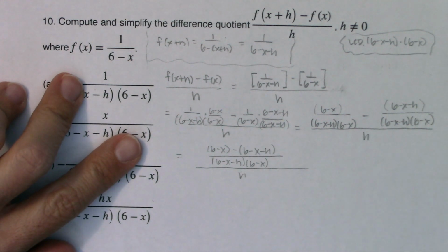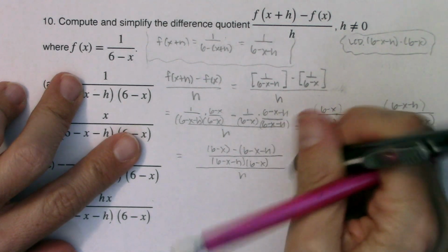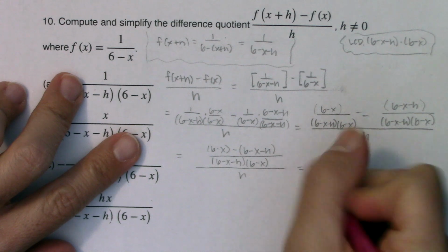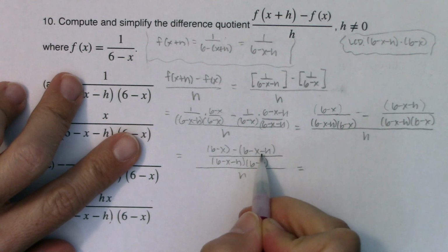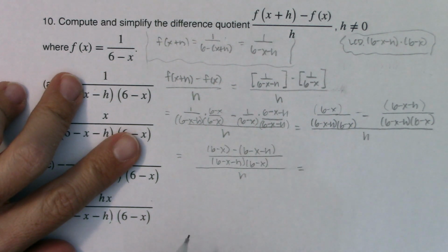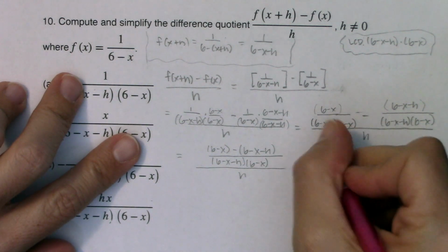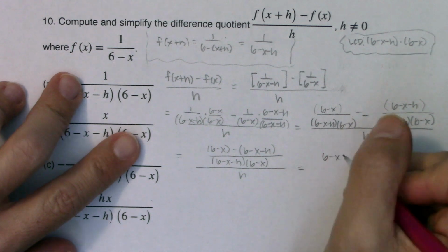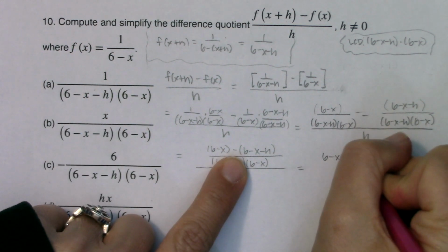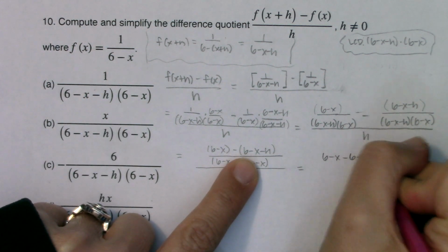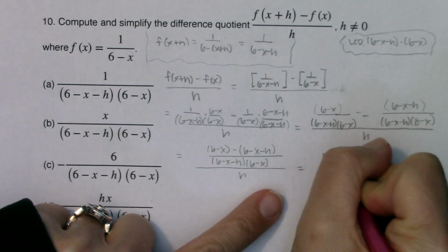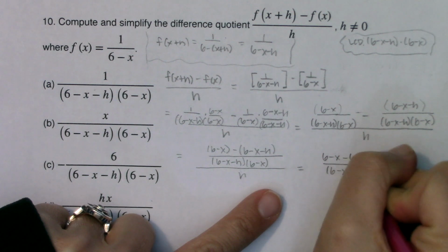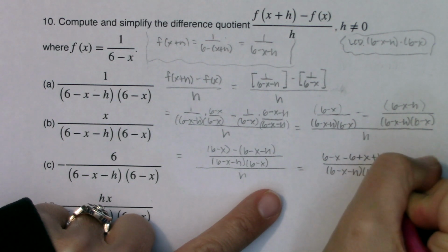Okay, and let me just give myself some space to write. I'm going to distribute this negative, and we're going to see what starts to cancel out. So on the numerator, 6 minus x, all right, minus 6 plus x plus h, all over 6 minus x minus h, 6 minus x.